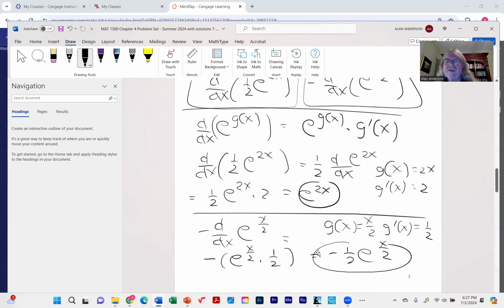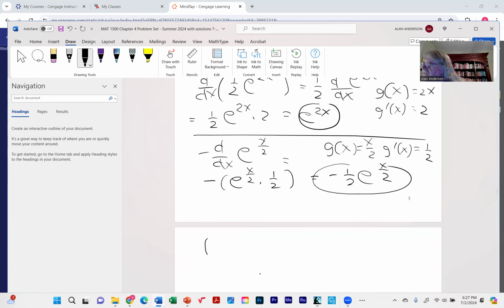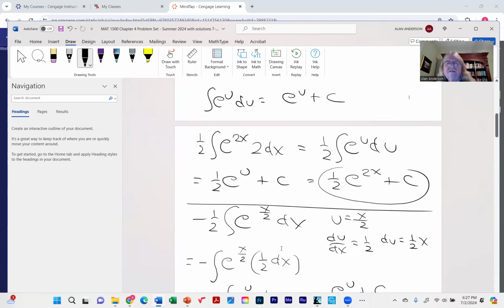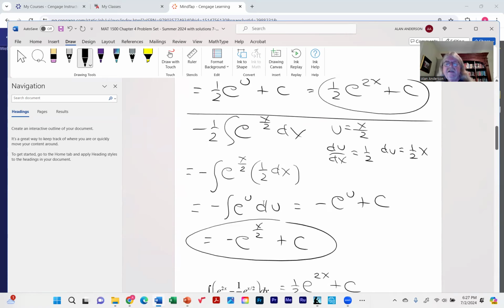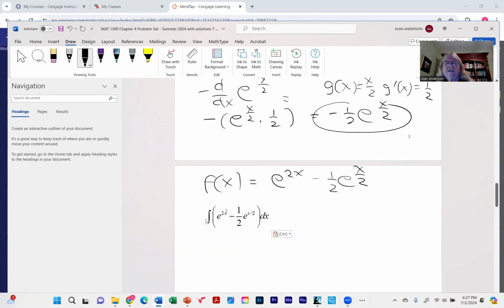So if our original function, f of x that we started out with, is e to the 2x minus 1/2 e to the x over 2, then we're all set. So let's make sure that that's the case. I'll just copy it down here, and we'll see whether we did it right or not. And the answer is yes.